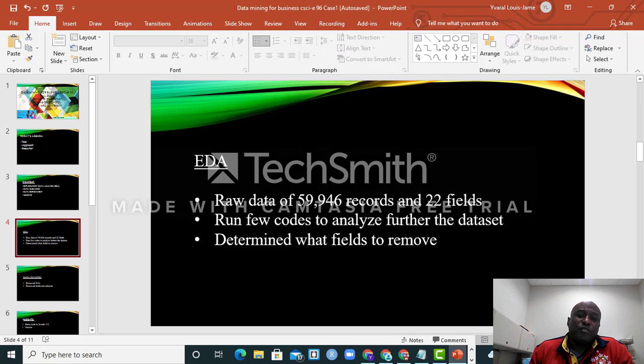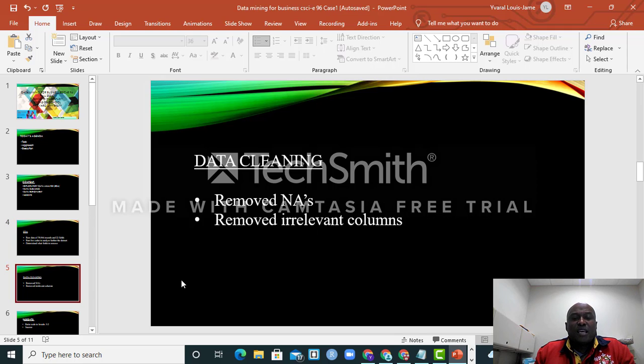And I ran a few codes for some further analysis, just to see if there was some information that wasn't relevant that I could get rid of. And sure enough, I started by cleaning the NAs. I removed a lot of NAs, not all of them.